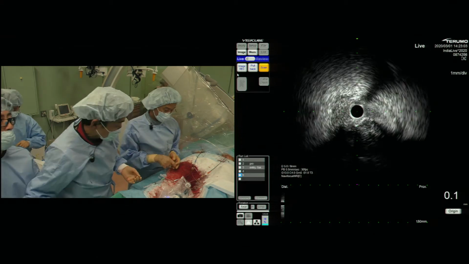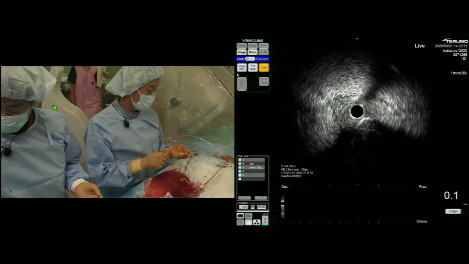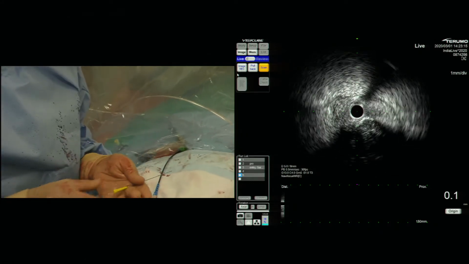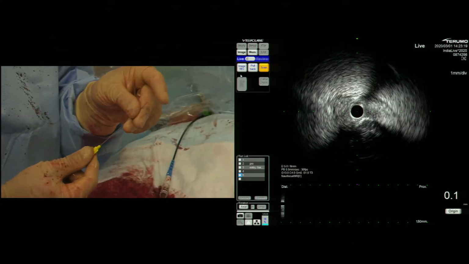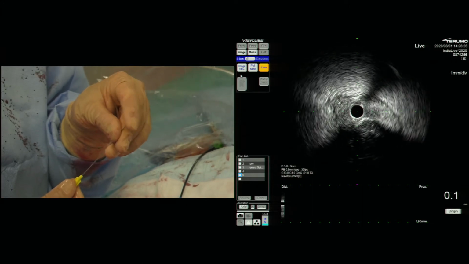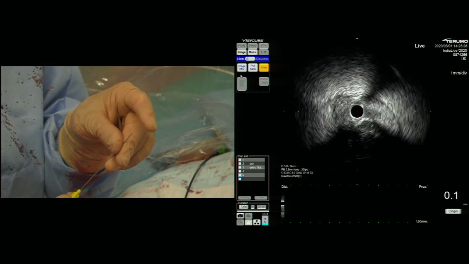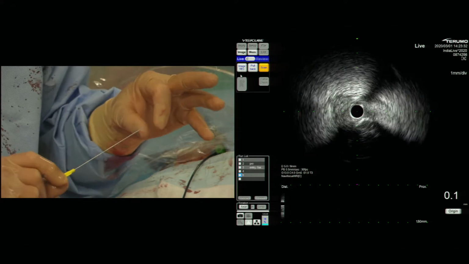Okay. So you're within the vessel, but you're stuck in the plug. Yeah, stuck in the plug. So it's good. It was difficult to control the XTR, so I switch to the next one.